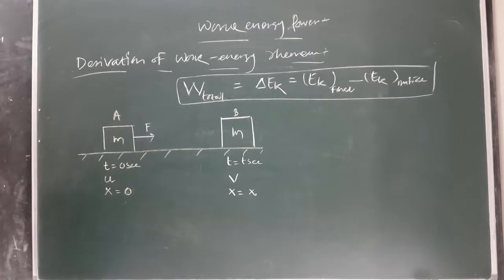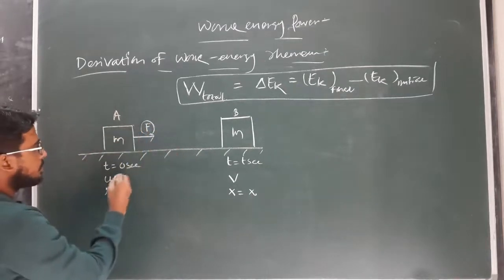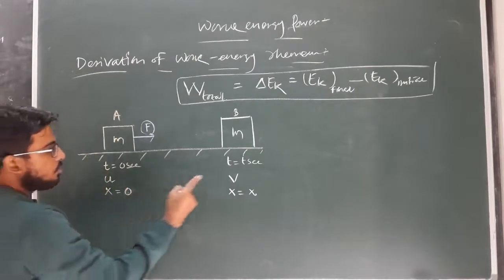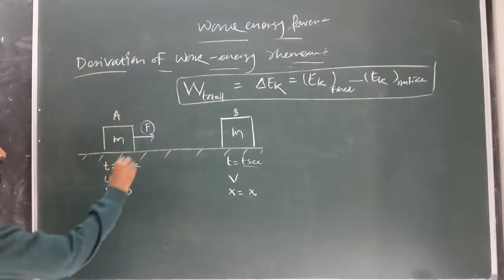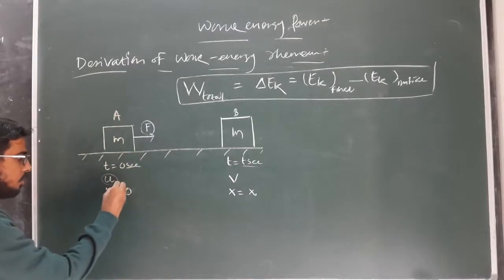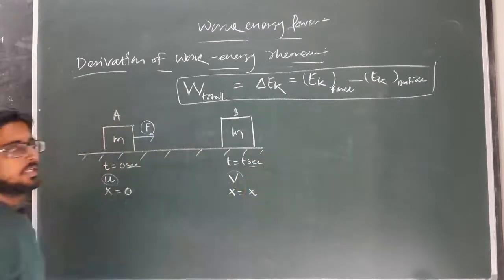Clear? So due to application of this external force F, the block is displaced from x equal to 0 to x equal to x naught in a given time t second, and initially the velocity of the block is u, and due to application of this force the velocity of the block changes to v.